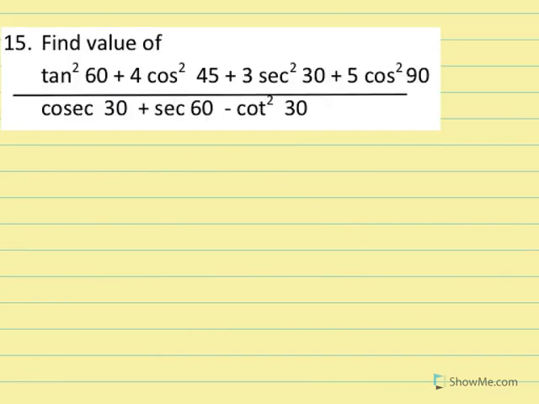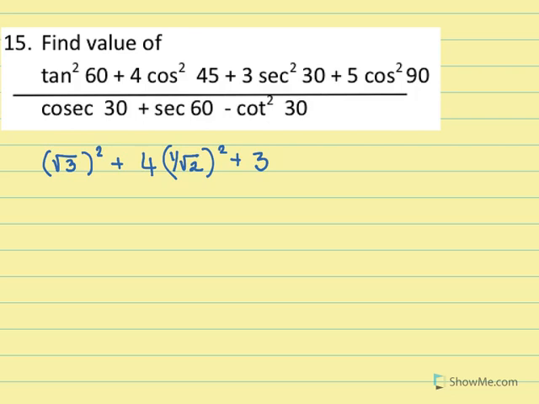You find the value, we need to put the value. First is sin square 60, and that would be root 3 by 2 the whole square, plus 4 cos square 45. Cos 45 is 1 by root 2 the whole square. 3 sec square 30.